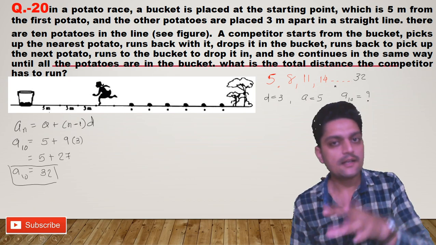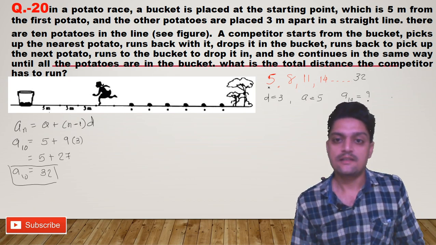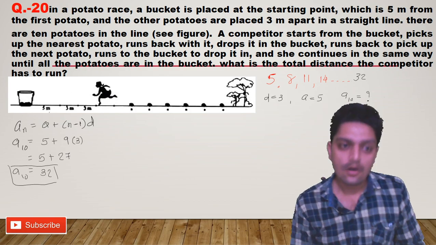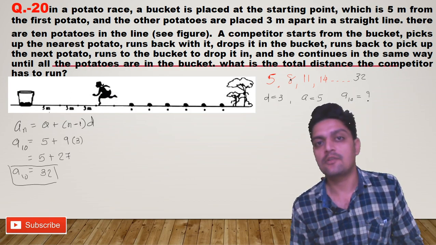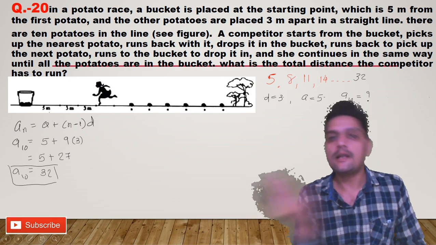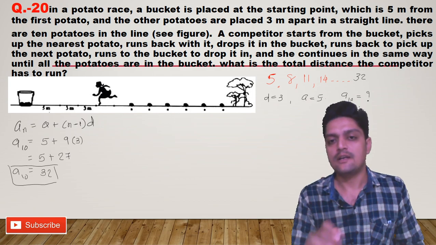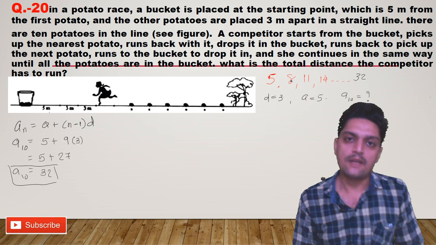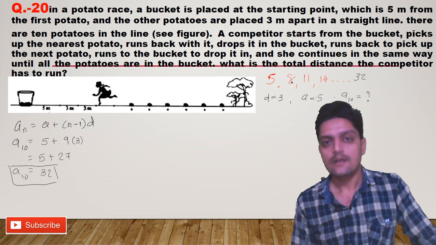And now we have to add all this distance. Is that our answer? No. Why? Because this is the single distance, but she went back also, so we have to multiply this distance by 2, because one time she has to go and another time she has to come back. First we will sum all the data and then multiply by 2.